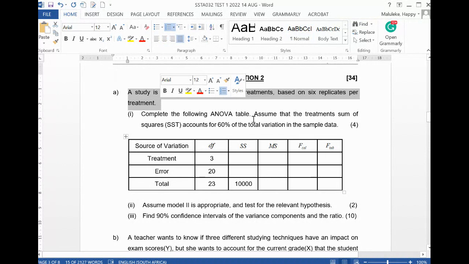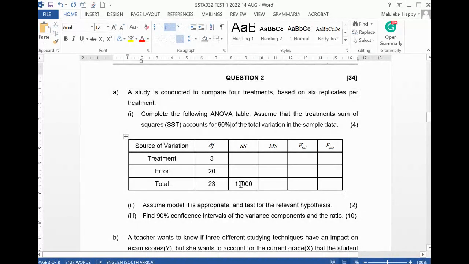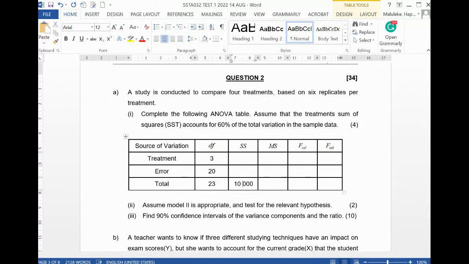But now it says complete the following ANOVA table. Assume that the treatment's sum of squares, SST, accounts for 60% of what? Of the 10,000. We have some students who wrote 1,000, they changed my 10,000 to 1,000, and it's going to affect almost the remaining part.